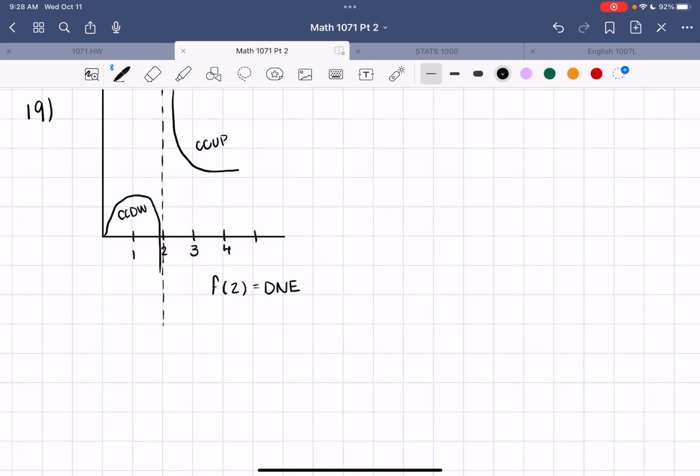I say default because f of 2 doesn't exist, but yet on the left you're concave down, on the right you're concave up. So concavity does change to either side of 2. So it acts as though it were an inflection point, even though it's just a vertical asymptote.